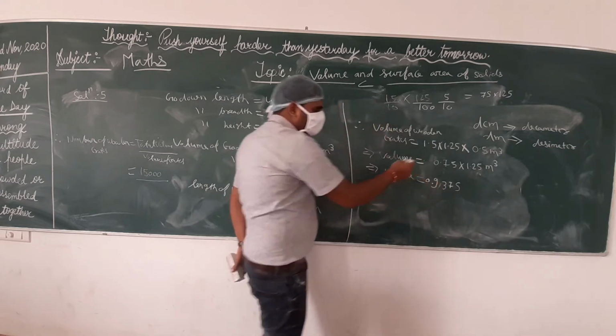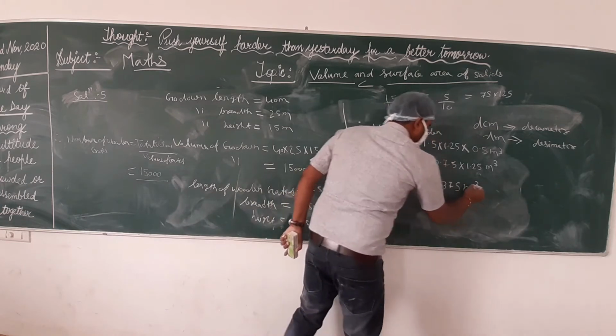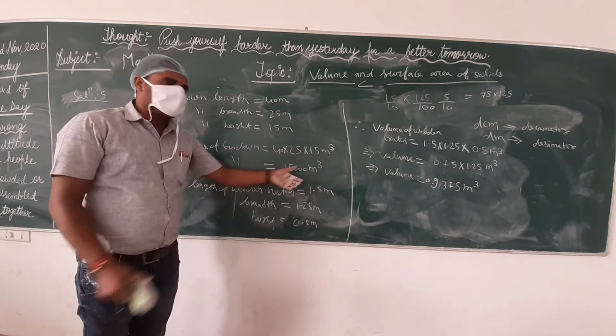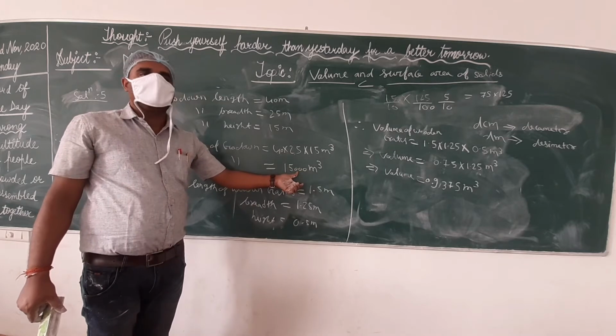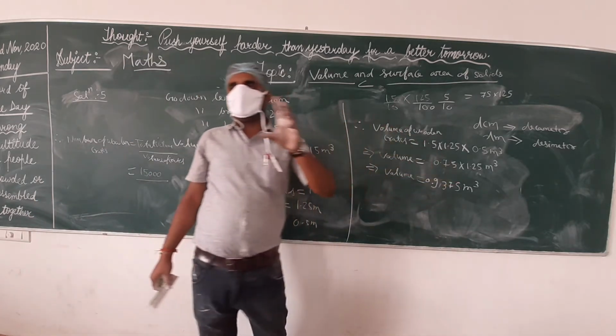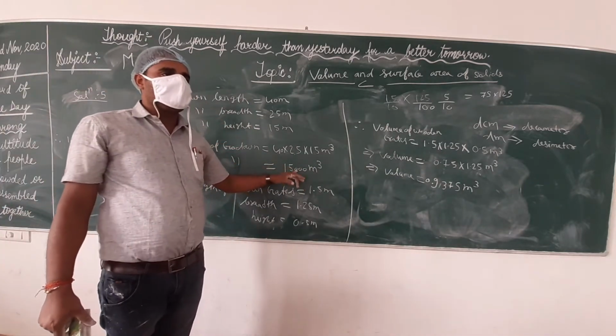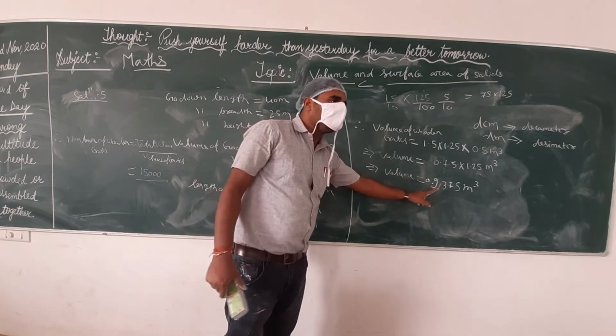0.9375 meter cube. You see that this is the total volume of the godown and this is the volume of one wooden crate. If you want to calculate how many wooden crates we have to put in this volume, it is the total volume divided by the volume of one wooden crate.